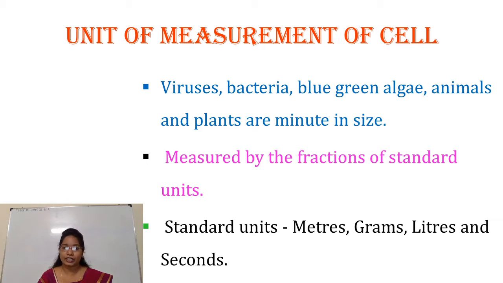In such case, we have to make fractions of meter into millimeter, micrometer, nanometer, etc. Similarly, if we want to measure the weight of a particular cell, then the standard unit of measurement of weight is gram.